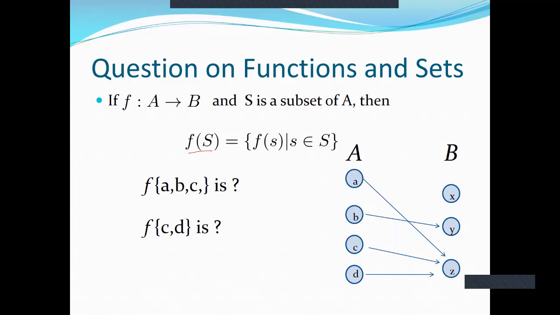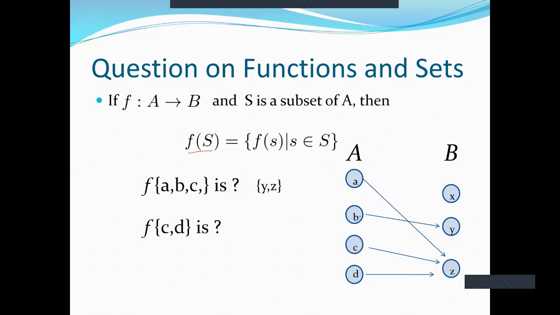So what is f of A, B, C? You can see A is mapped to Z, B is mapped to Y, and C is mapped to Z, right? So f of these three is Y and Z. Okay, so what is f of C and D?